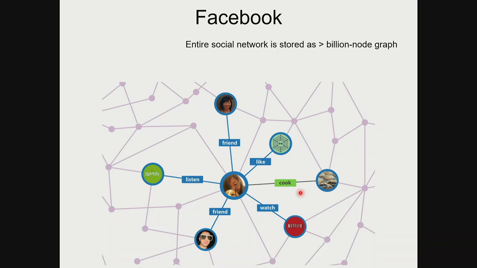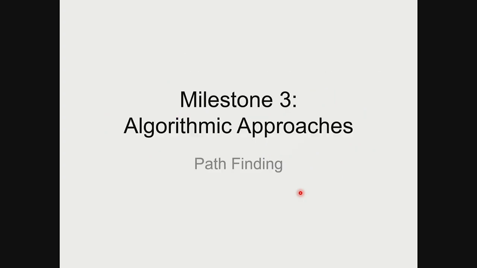Facebook uses some kind of shortest path algorithm to try and do social marketing. So which influencer should get some money to put some ad on their website that can reach the majority of people? This is all based on shortest path algorithms.